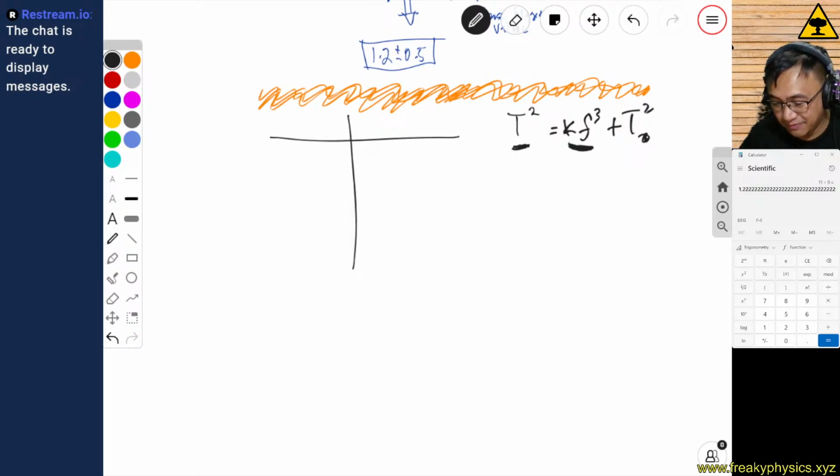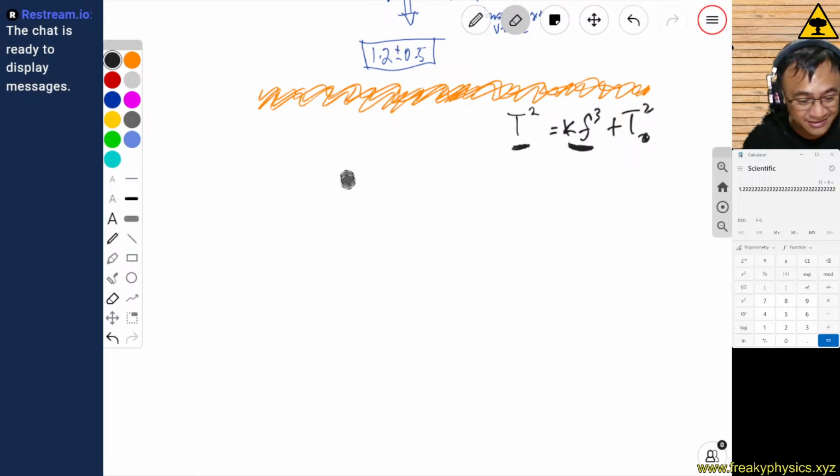So let's say 0.01. Okay, fake data. Let's see how much the temperatures are. Like I said, it won't make sense, but it doesn't really matter in the long run because that's the point of data analysis. You're supposed to analyze data, not comment on the data, right?